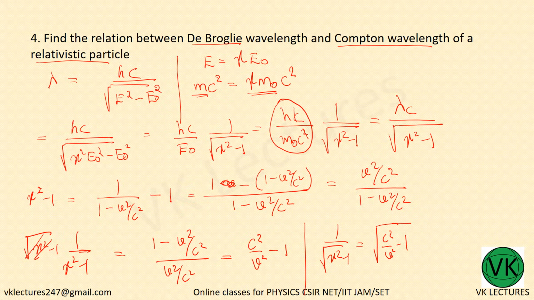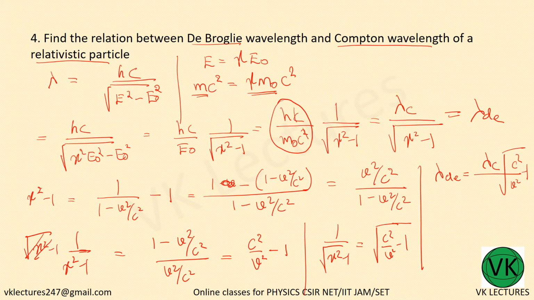Now we have lambda, right? So lambda de is equal to lambda c divided by under root gamma square minus 1, and instead of that we can write under root c square divided by v square minus 1.